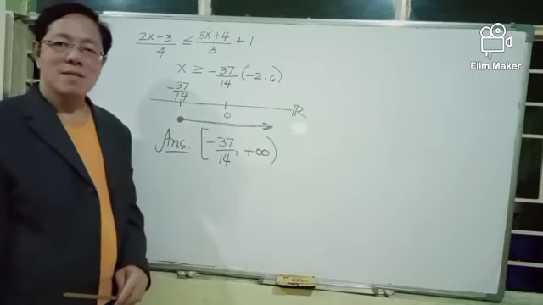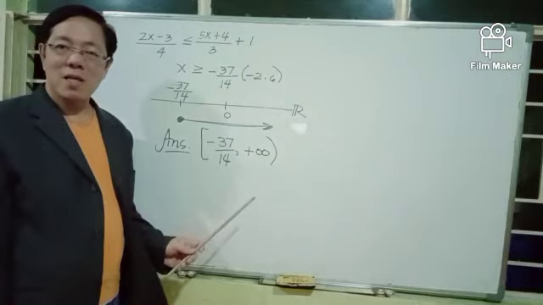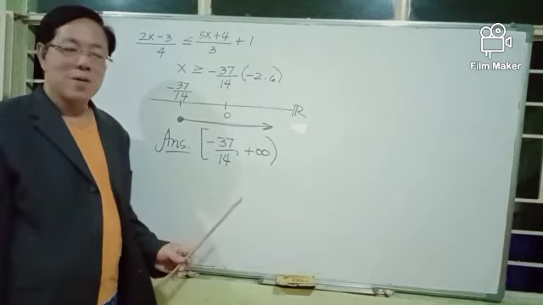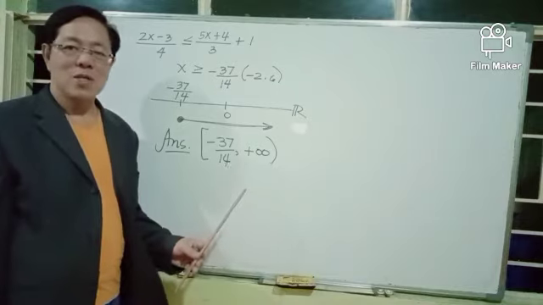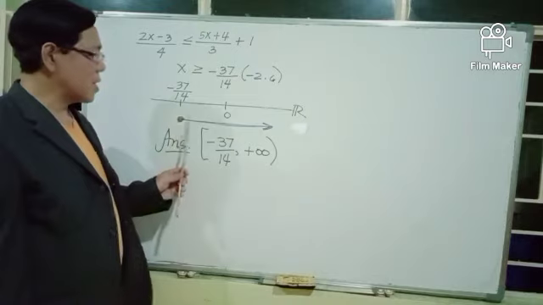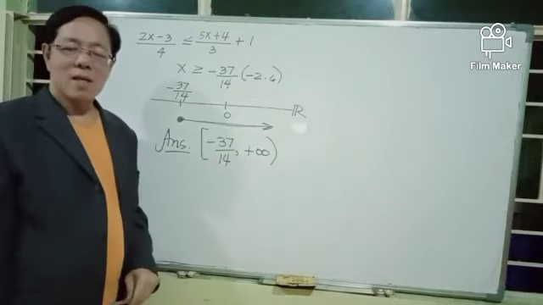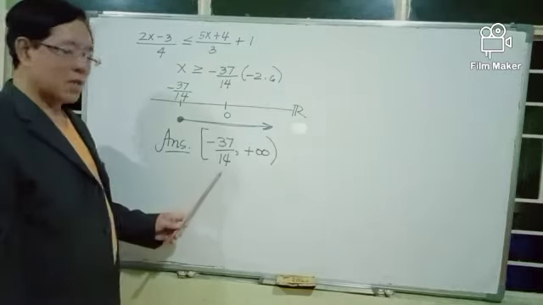Now we check our solution. To check whether you have the right solution or the right interval for your set of solutions, you take any real number greater than negative 37 over 14.